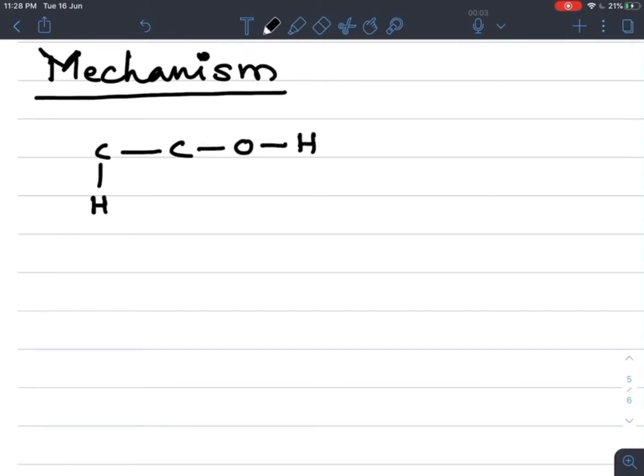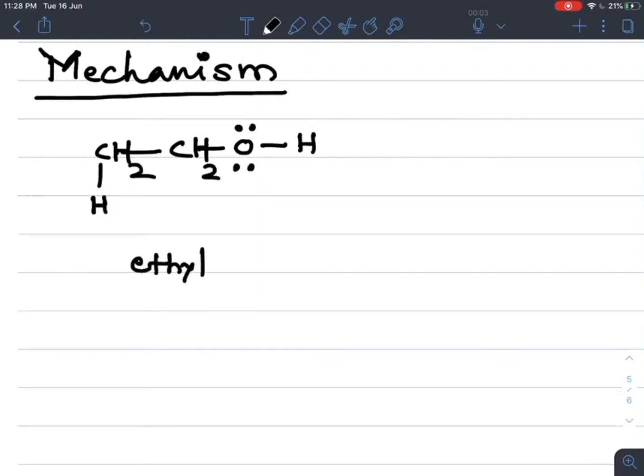This oxygen always carries 2 lone pairs of electrons, and according to valency this is CH2, this is also CH2. So this is ethyl alcohol.